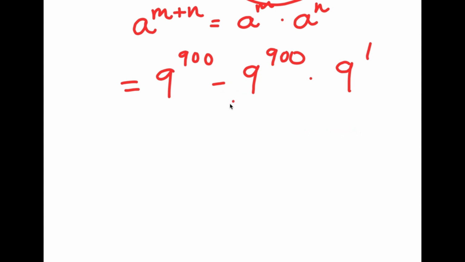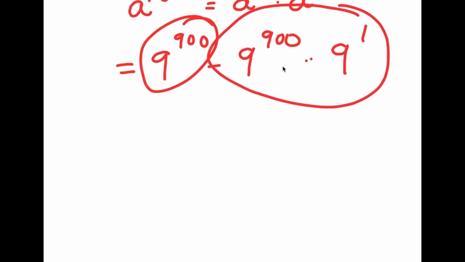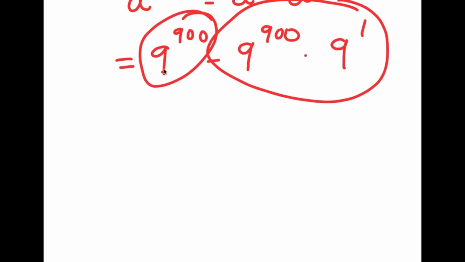Now from here, notice how we have two terms. Our first term is 9 to the power of 900, and our second term is 9 to the power of 900 times 9 to the power of 1. Because both of our terms have 9 to the power of 900 in them, we can factor that out.